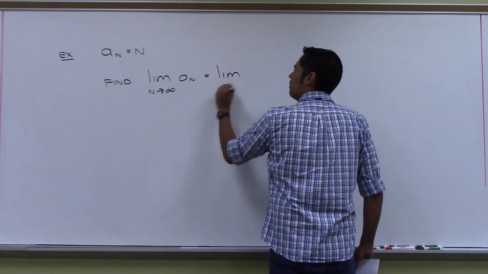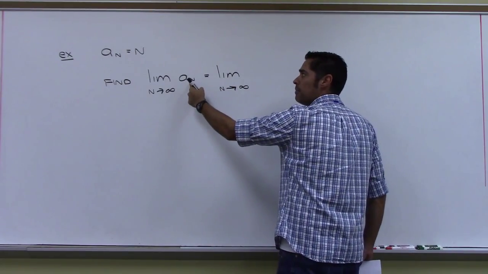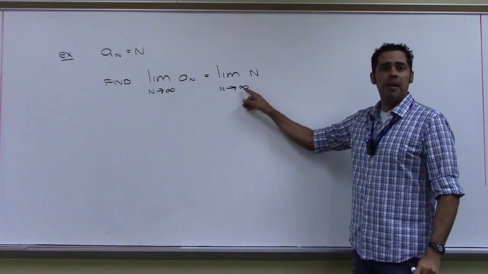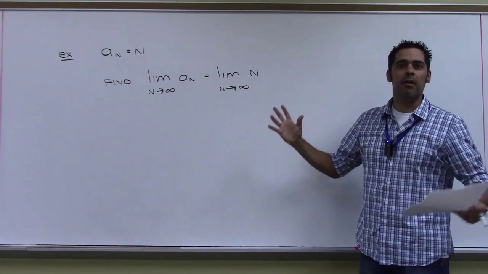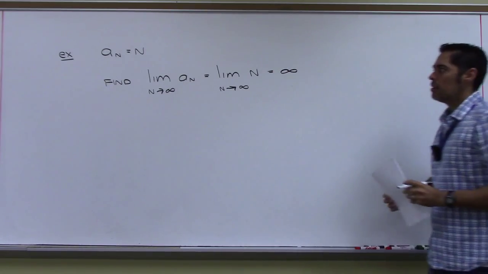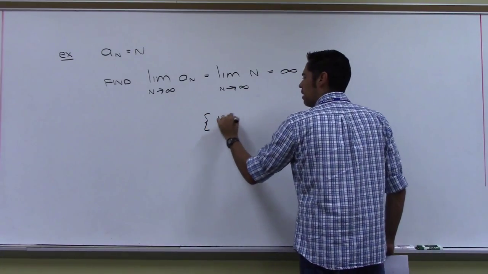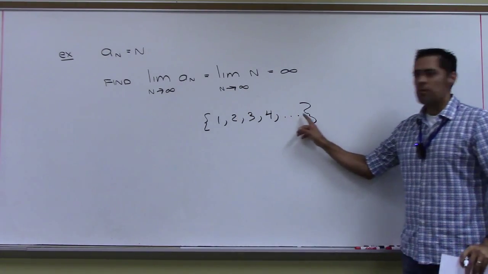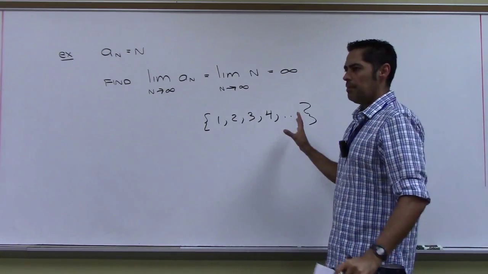The sequence in this problem is defined to be n. So what happens if I let n go to infinity of n? That gets really, really big. This limit actually goes to infinity. We could write out the sequence and see that also. The sequence would be 1 followed by 2 followed by 3 followed by 4 forever and ever. So as you go further and further out, that number just blows up. It becomes infinitely large. With me?